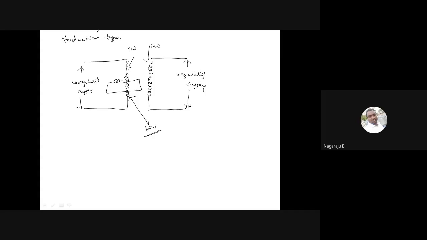The primary coil or primary winding is usually the stator, and the secondary coil is usually the rotor. The direction of the rotation generally depends on whether the incoming voltage is to be raised or lowered.